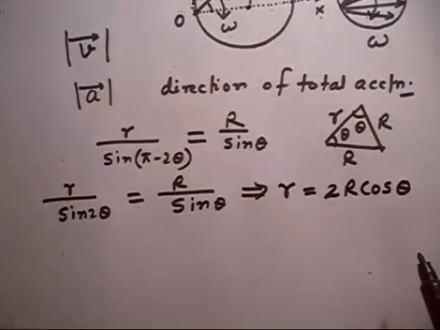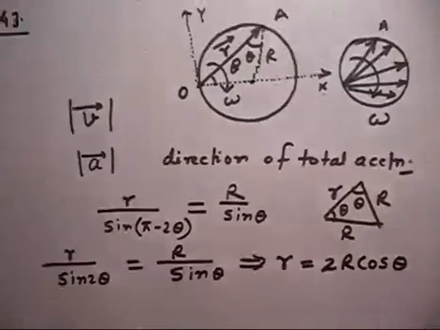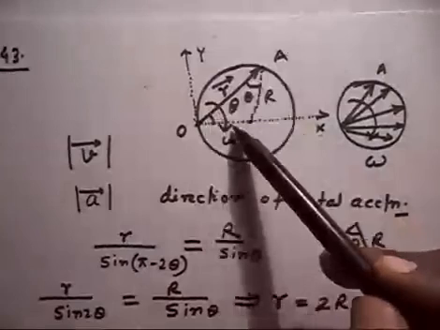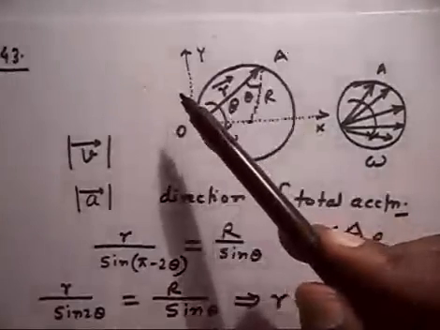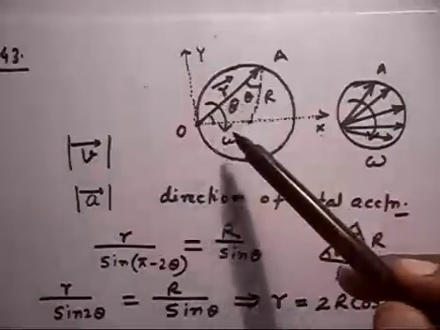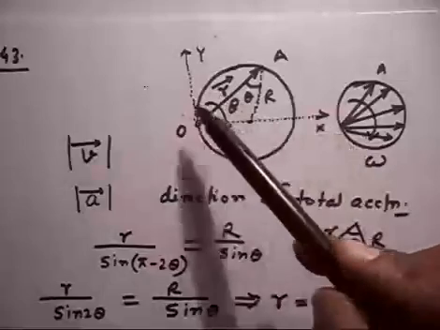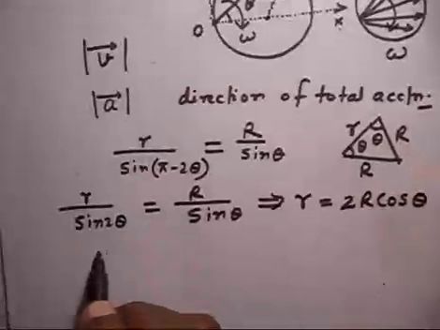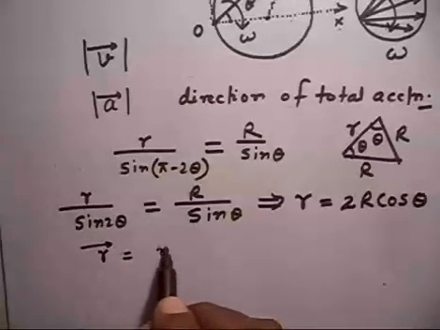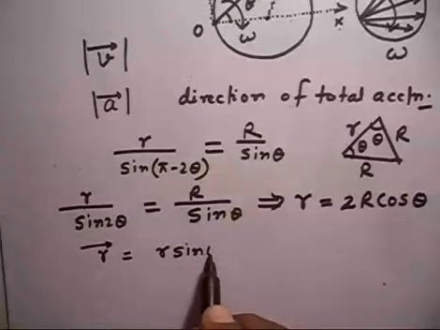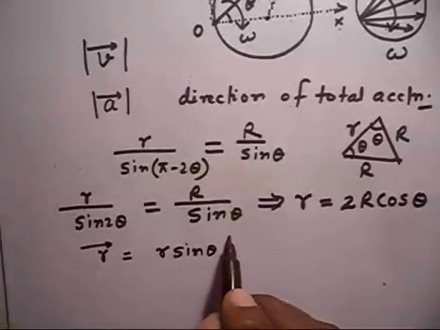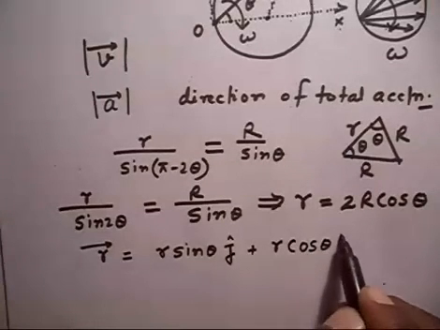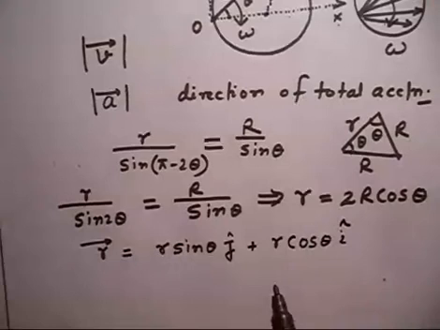Now I can break this r into two components, r cos theta and r sin theta. So r sin theta in the y direction and r cos theta in the x direction. I can write vector r as r sin theta in the y direction plus r cos theta in the x direction.